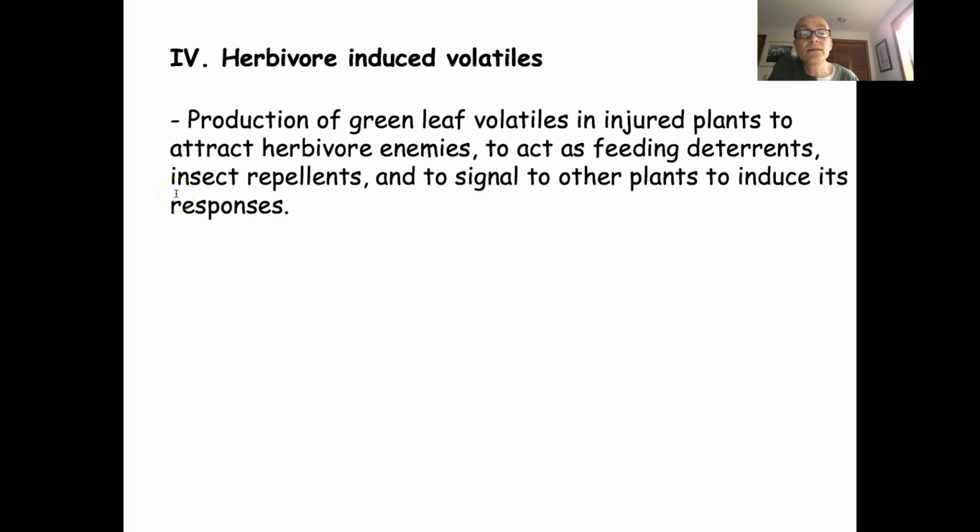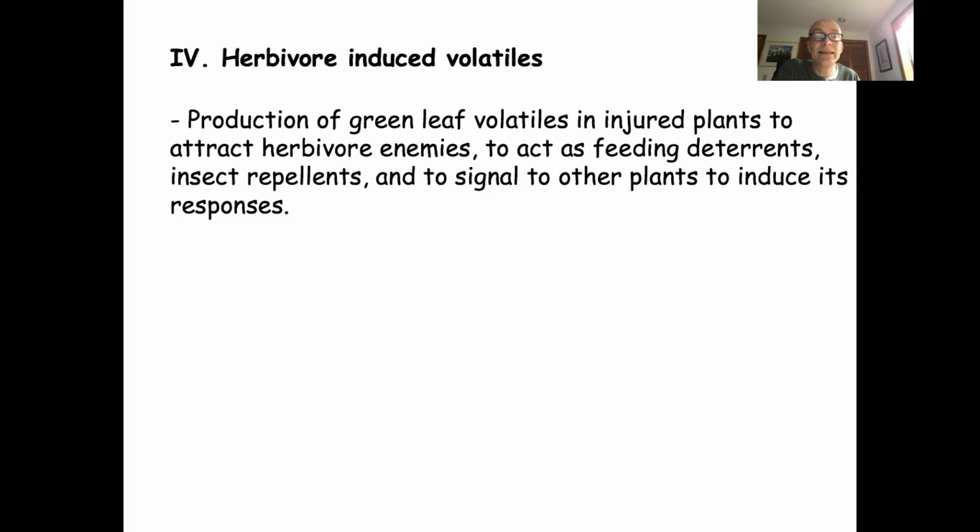Okay, so the last part that I want to talk about are these herbivore-induced volatiles. So in general, herbivore-induced volatiles, we already talked about volatiles that can be used to induce systemic responses in other plants, in neighboring plants.